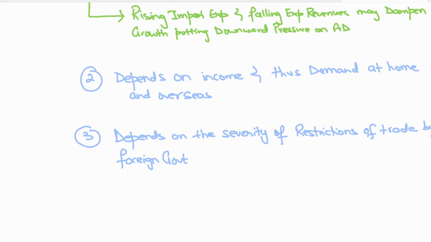Furthermore, the fact that a weak exchange rate will rectify a current account deficit and benefit an economy would also depend on income and demand at home as well. Because let's say that import prices go up in a currency depreciation, so people import less. But what if the demand at home is very strong? Maybe there's a boom in our country and the economy is rapidly growing, and employment levels are high.